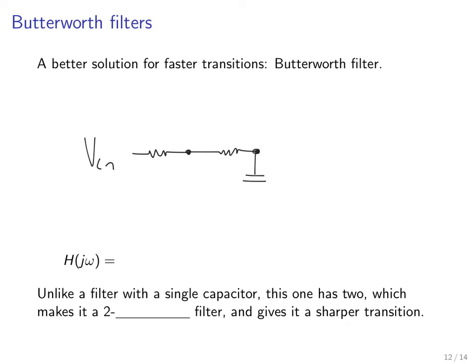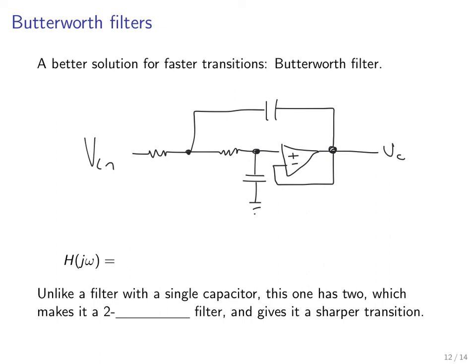Then we have a capacitance shunting to ground, then another capacitor in a feedback loop, and we have the op amp here. There's always an active component in a Butterworth filter. And then we take Vout here. So it's a bit different than the topologies we've looked at before. Again, this is R, this is R, this is C, and this is C. So these are the same component values.